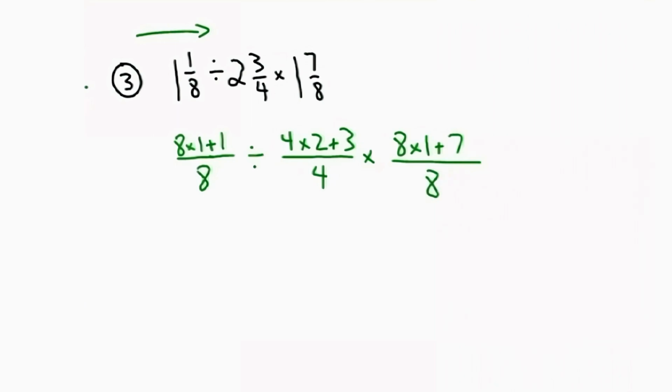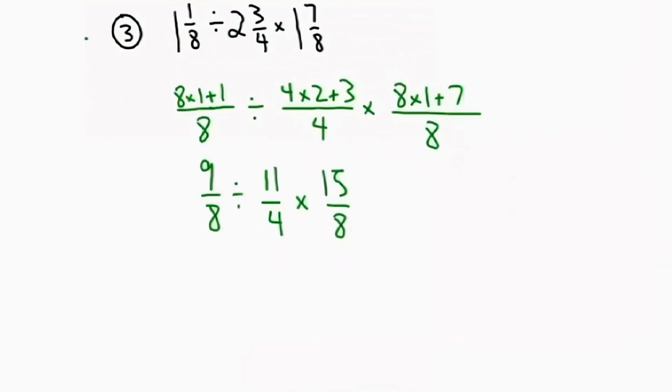And now simplifying and tidying these up, 8 times 1 in the first fraction is 8, plus 1 is 9 eighths. And in the second fraction, 4 times 2 is 8, 8 plus 3 is 11 over 4. And in the third one, 8 times 1 is 8, plus 7 is 15 over 8.